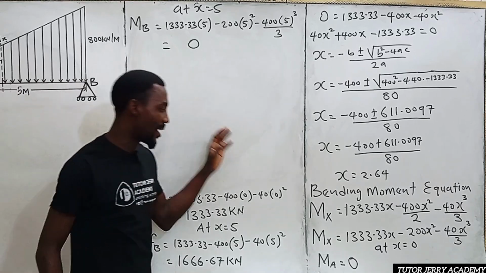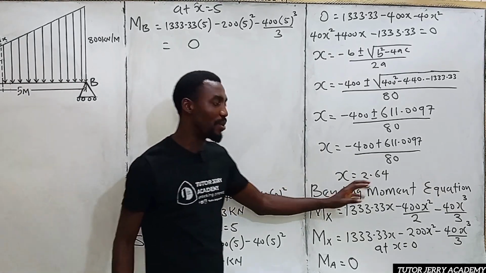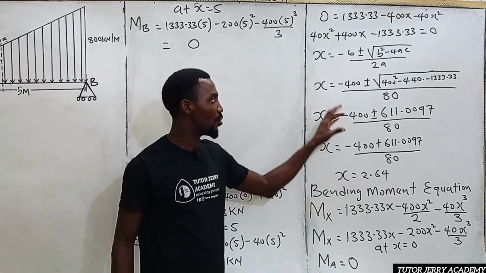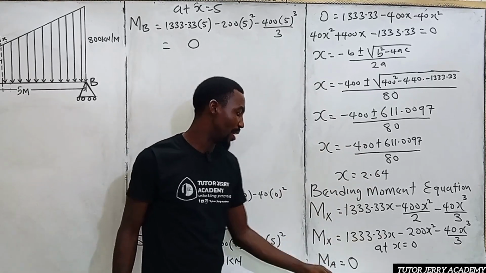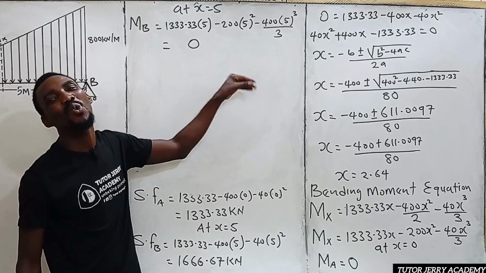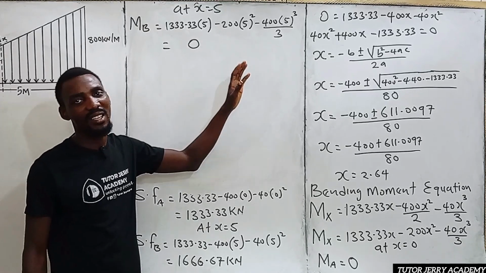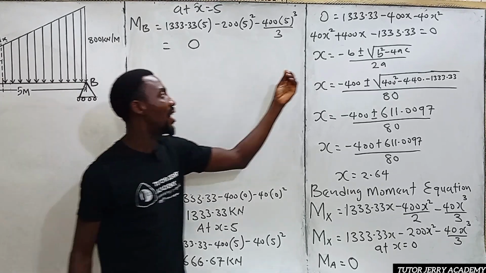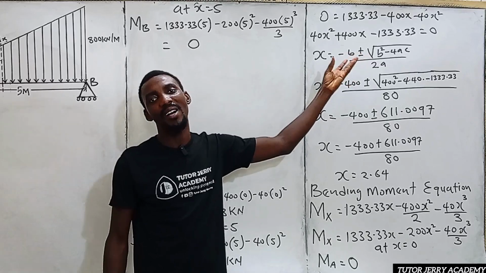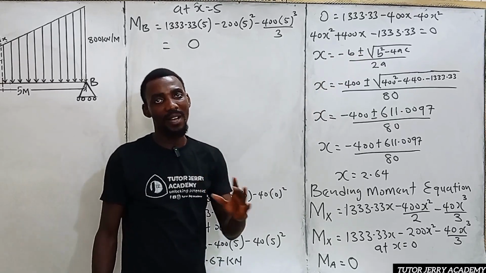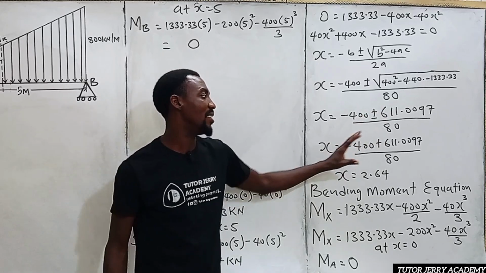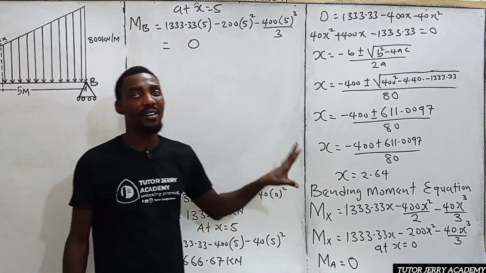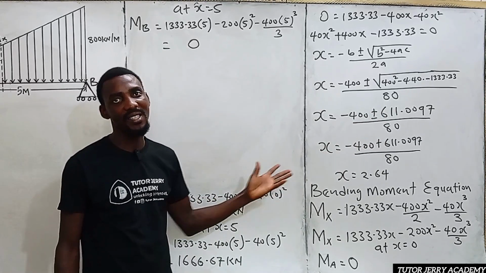And sometimes, due to the approximation you might have done from the beginning, if you do this, you might get something like 0.0 something. Do you understand? That is due to the approximated value. So for the purpose of exam, I would advise us to write the answer you are getting from your calculator directly, so that you will not miss any step.